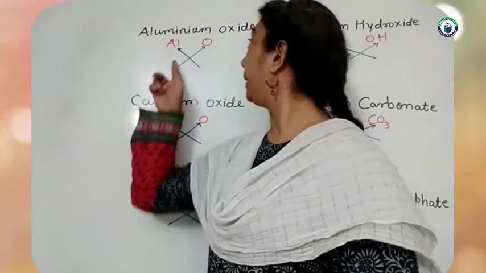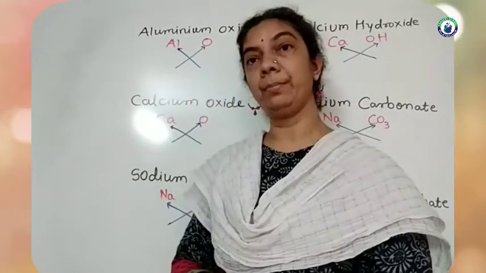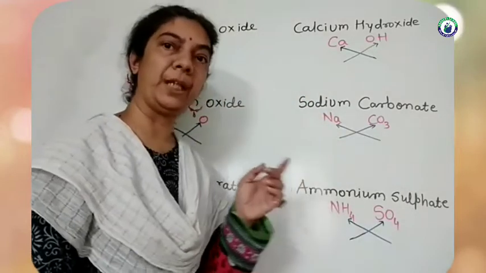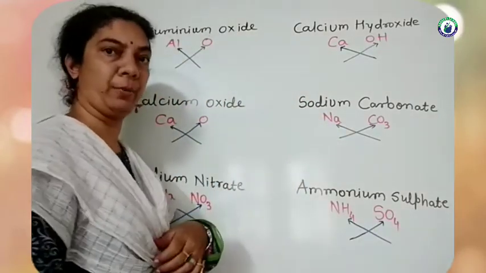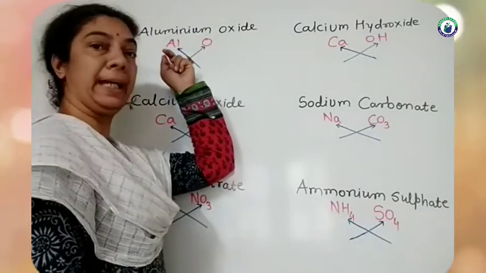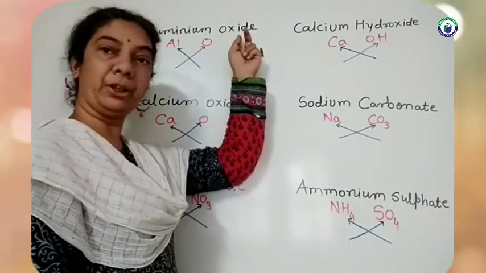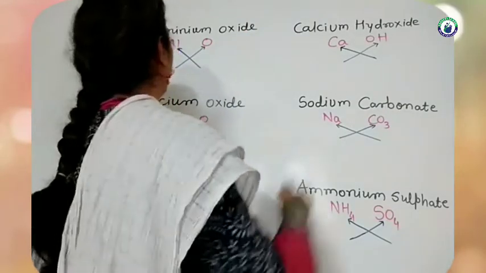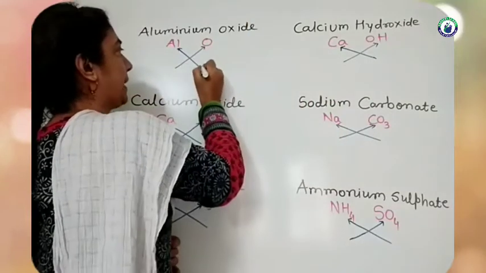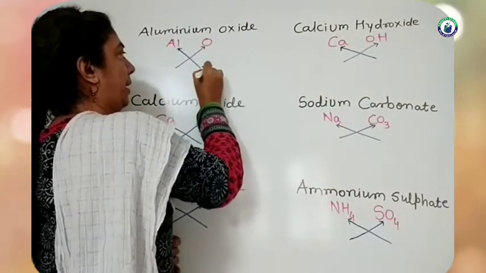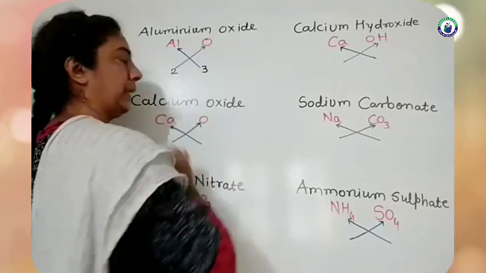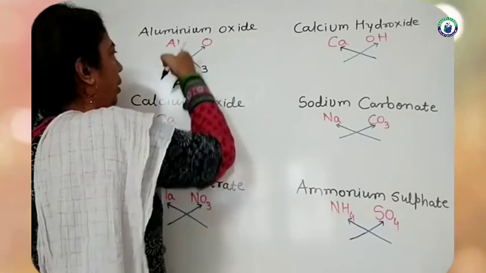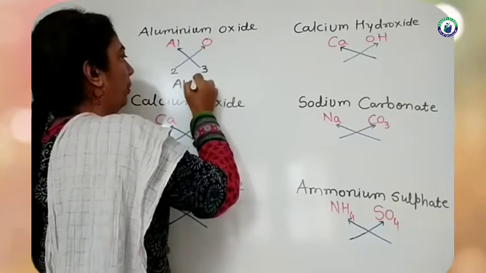First of all, it is given to us aluminium oxide. So write down the symbols of the elements present in the formula. Aluminium Al, oxide, that means oxygen, symbol is O. Now recall the valencies. Aluminium is having the valency 3 and oxygen is having the valency 2. So the formula becomes Al2O3.